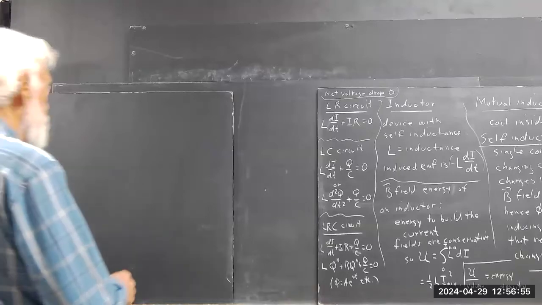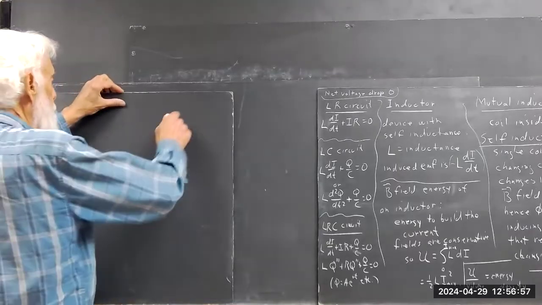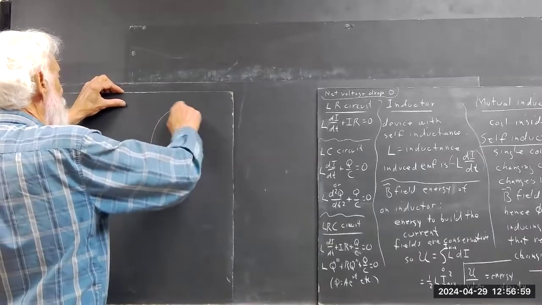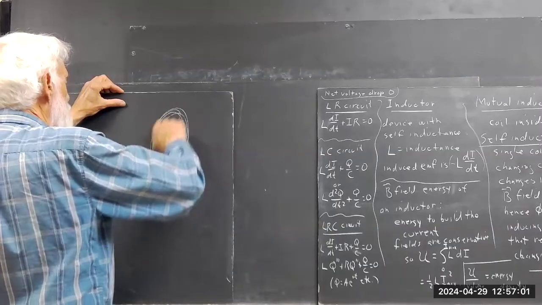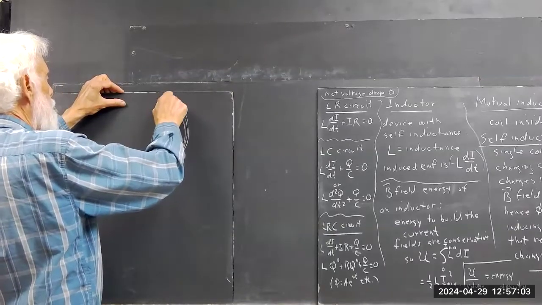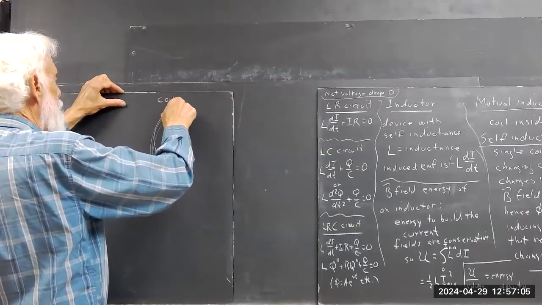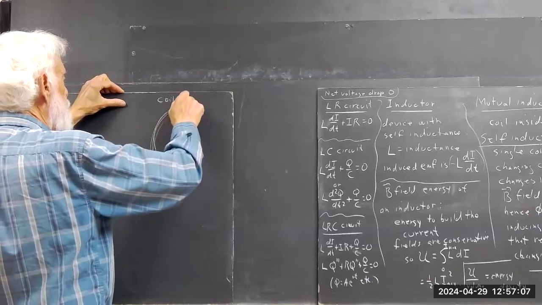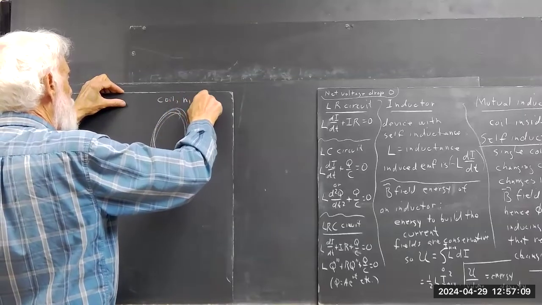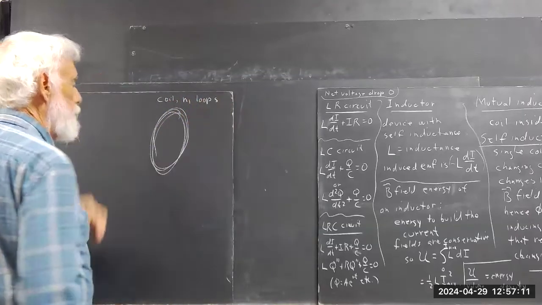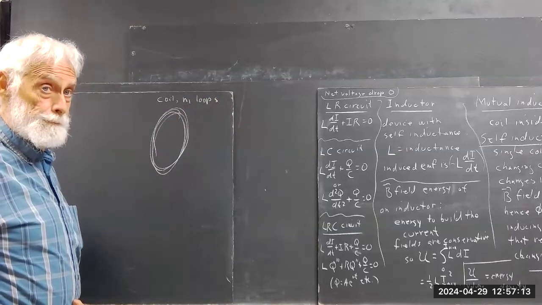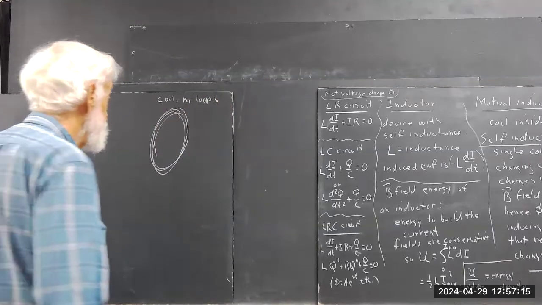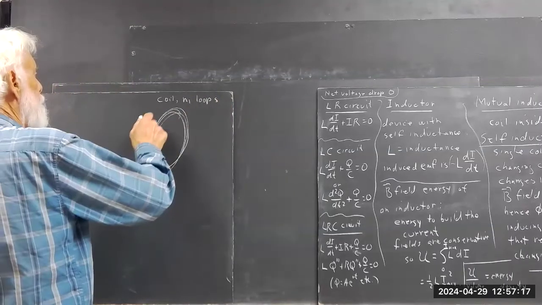Okay, let's just say we've got a coil with N1 loops.